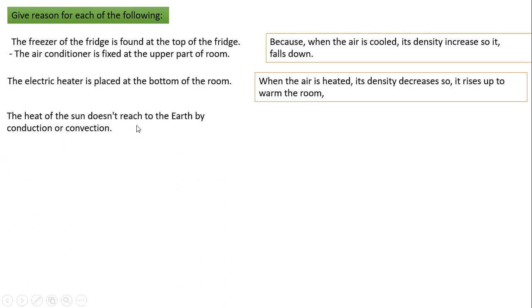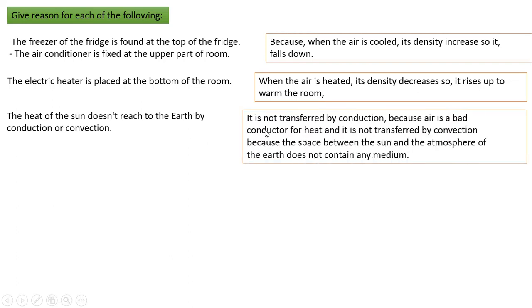The heat of the sun doesn't reach the earth by conduction or convection, because conduction and convection need a medium. It is not transferred by conduction because air is a bad conductor of heat, and it is not transferred by convection because the space between the sun and the earth doesn't contain any medium.